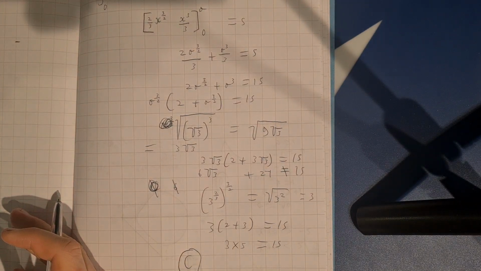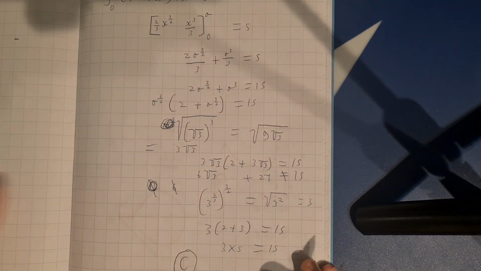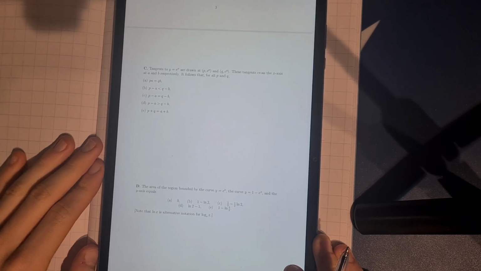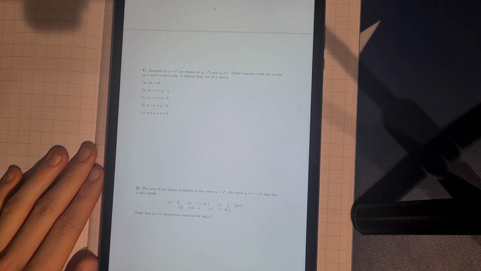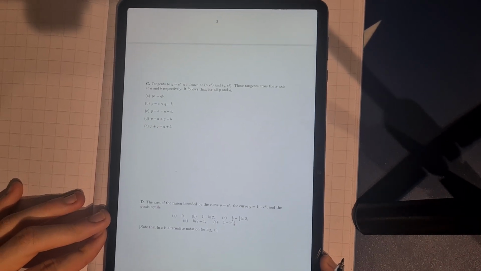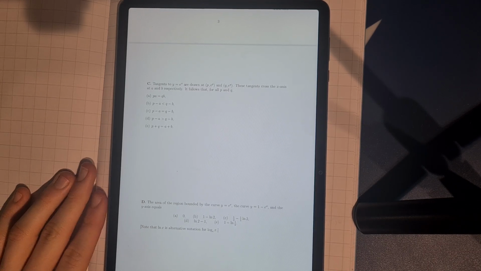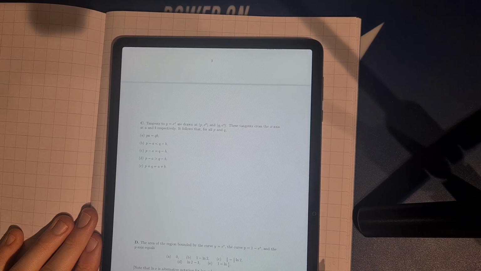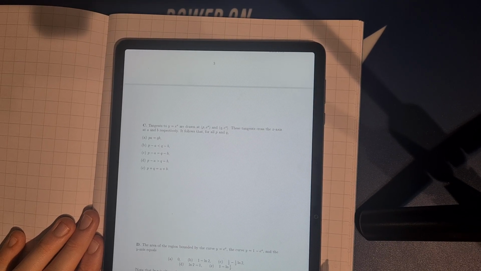Now, if I just turn the page here, just get to a fresh page, we have our next question, which is C. So, tangents to y equals e to the x are drawn at P, e to the P, and Q, e to the Q. These tangents cross the x-axis at A and B respectively.